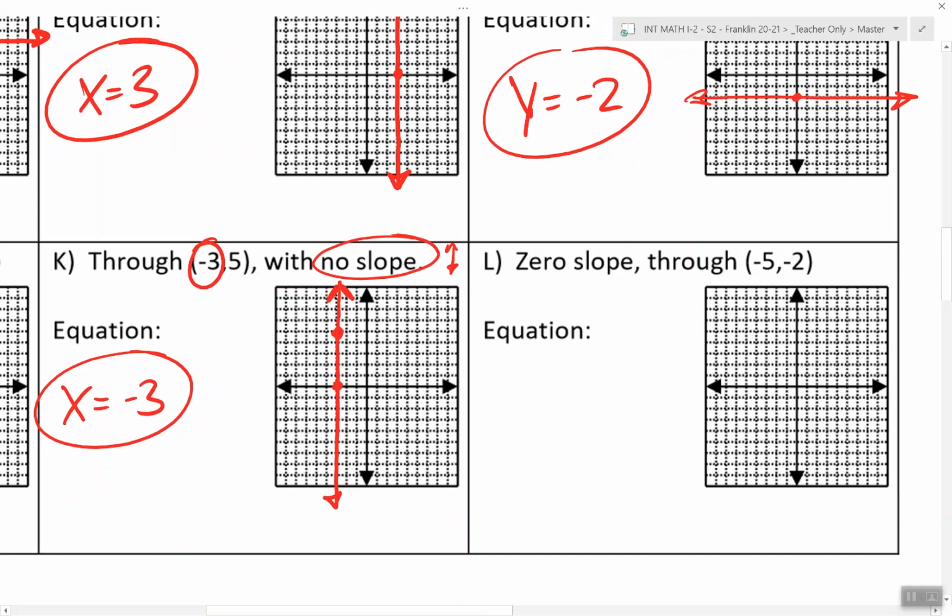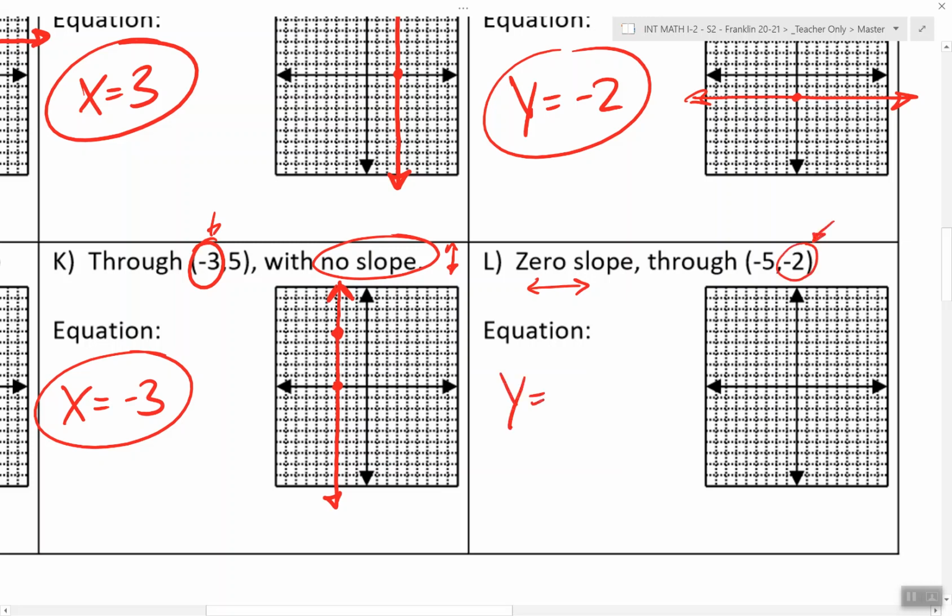So likewise, with example L, it says 0 slope. Now this is a horizontal line, remember? So undefined or no slope is vertical, 0 slope is horizontal. So kind of similar to how we could just use the x value from the point on example K for the no slope, for a 0 slope, we can actually just use the y value for this one.